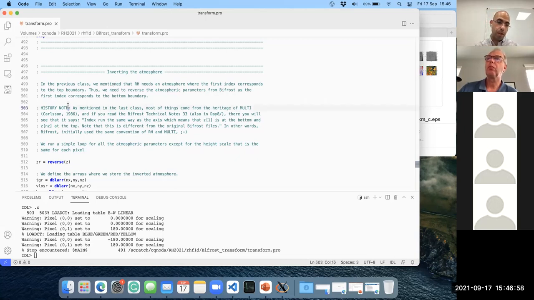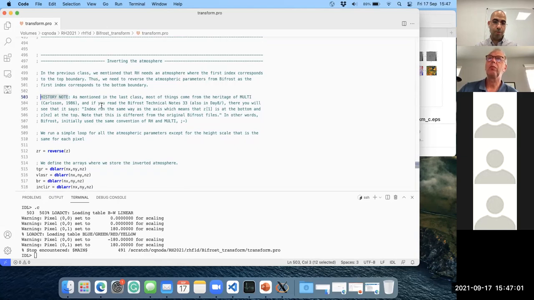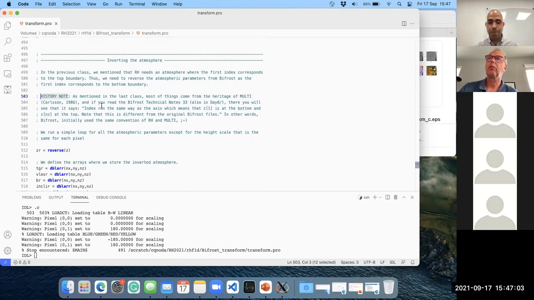In fact, I put here a history note just to make things a bit more fun. They explicitly say that in this run, and what they basically say is that in the previous Bifrost run, it was the opposite. I think this is because it is heritage of MULTI, and as we said, RH is using that convention because it's heritage of MULTI. So just an interesting thing and maybe a side note.